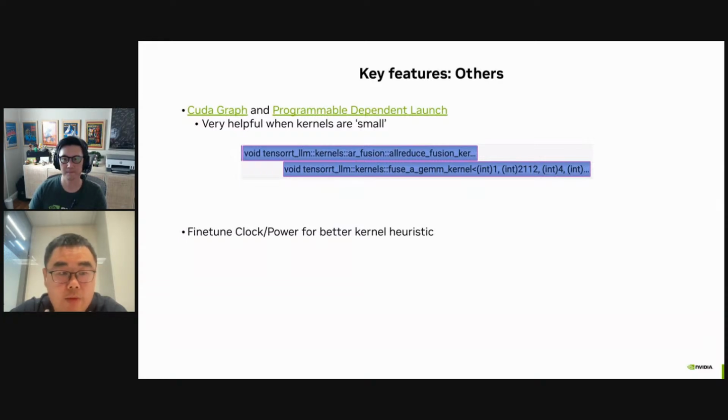We have touched on it in earlier slides, for example, based on CUDA graph and the PDL. Not only can we launch the kernel early, but also we can do some fancy work such as weight prefetching. And of course, we also fine-tune our clock and power for better kernel heuristic.